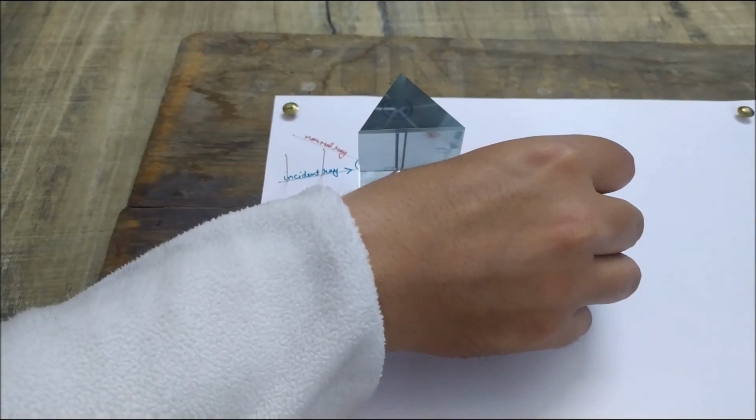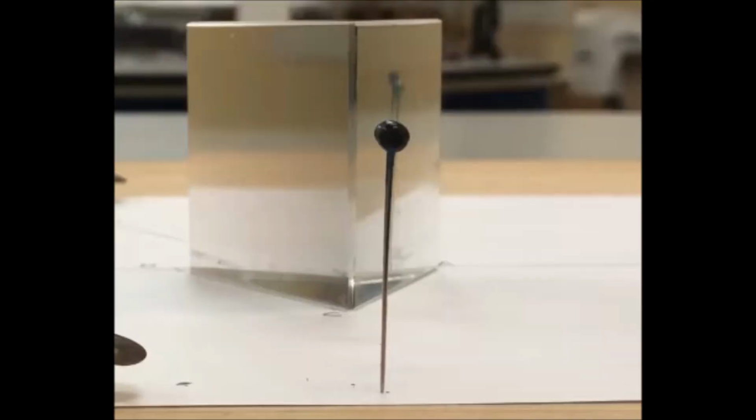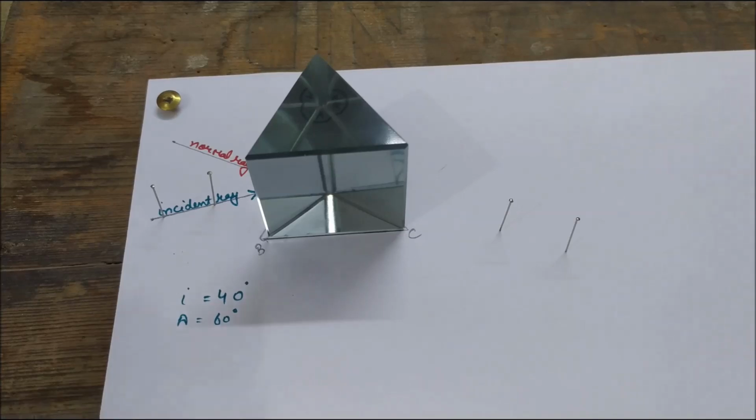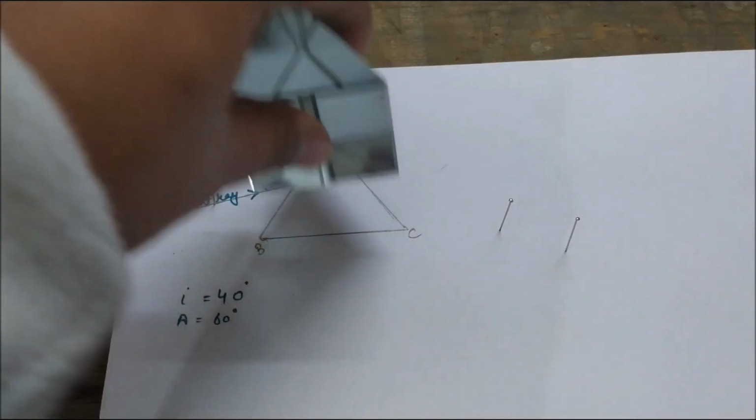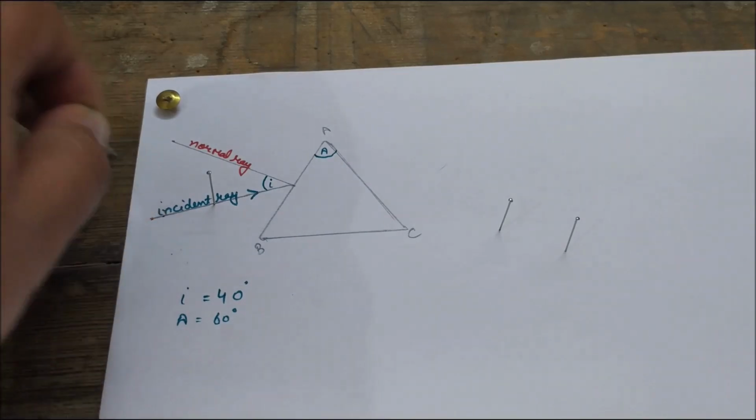That is, the feet of all four pins appear to coincide with each other. In this way, all four pins appear to you in a straight line. Now remove the prism and pins one by one.